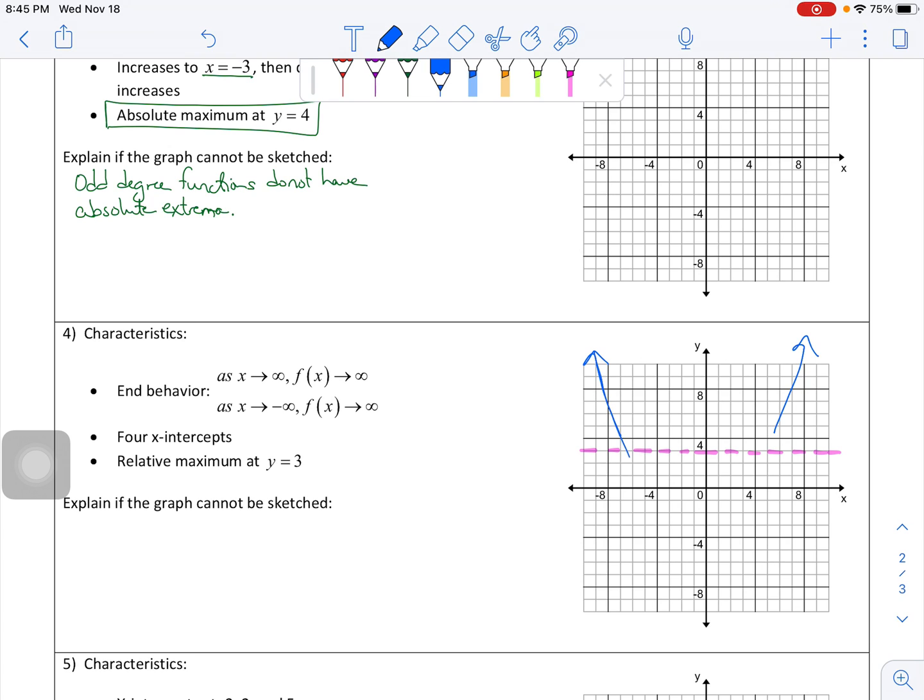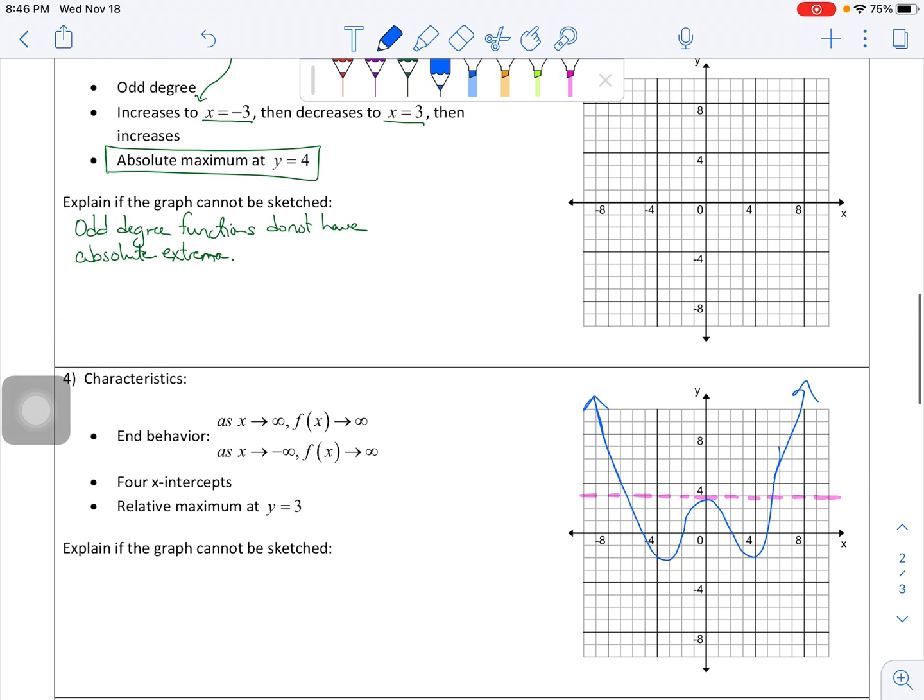So let's see, if I take my curve and I come down, it's going to cross the x-axis once, twice, there's my relative maximum at 3, my third x-intercept, fourth x-intercept, and there's my function. All right, so a relative maximum means you're going to hit a transition point here. It's going to go from increasing to decreasing at whatever value we say. Infinity and infinity for our end behavior, 1, 2, 3, 4 x-intercepts. Sure enough, we can graph that one.